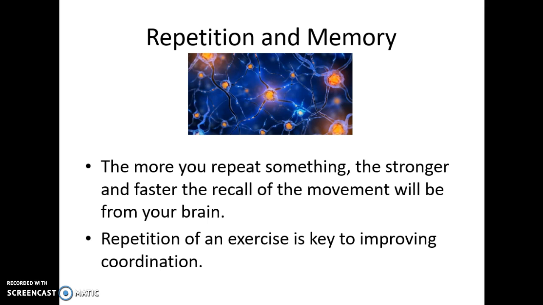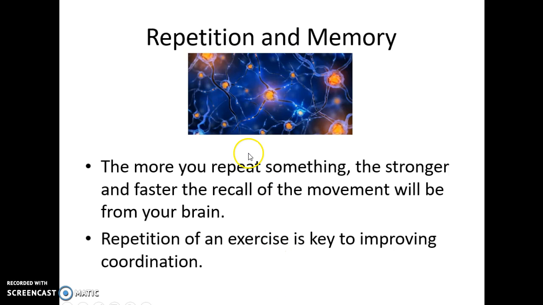But it's that neural pathway between our brain and our muscle that we're working on. So the more you repeat something, the stronger and faster that link between the muscle and where that movement is stored in your brain will become. So you'll be able to recall information faster and more efficiently. Therefore, repetition of exercise is key to improving coordination.